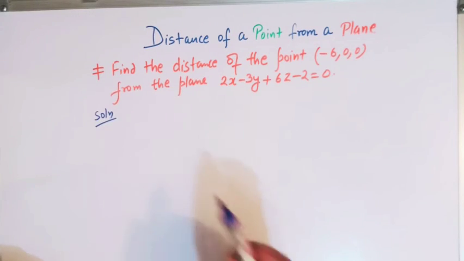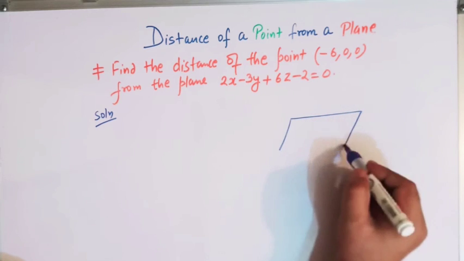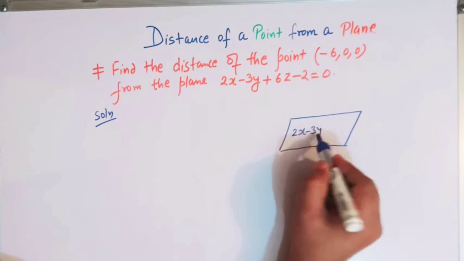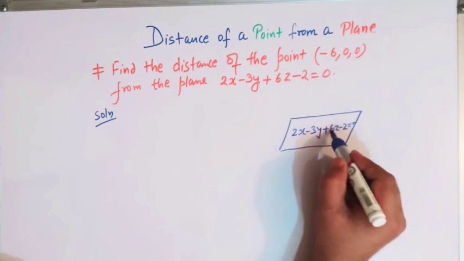Now viewers, let us take this problem. Find the distance of the point from the plane. Here we have the plane 2x minus 3y plus 6z minus 2 equal to 0, right?